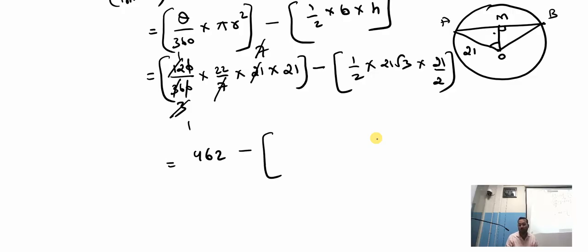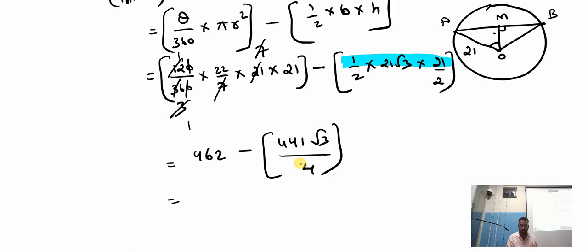Minus, again, what can we cancel here? Again, 21 into 21, 441, root 3 in the numerator. 441 into root 3, divided by 2 2s are 4. Then what should we do?